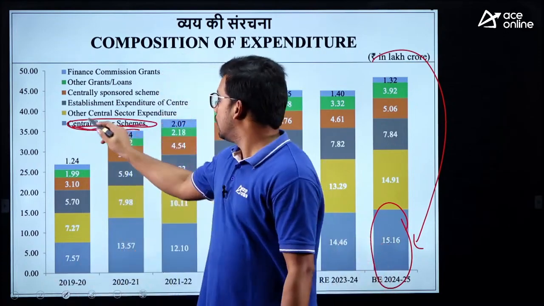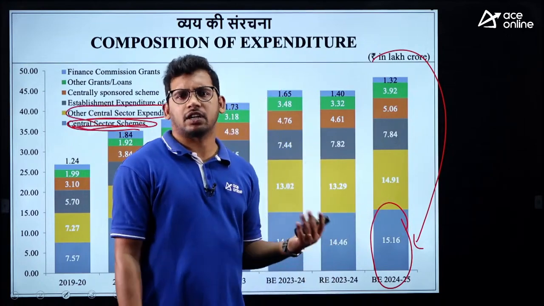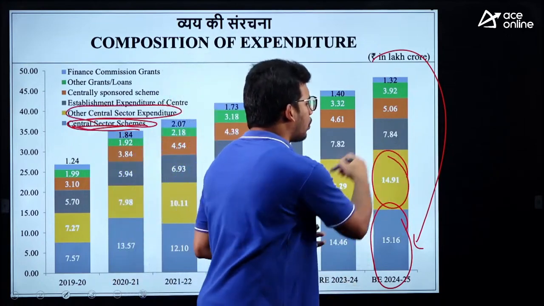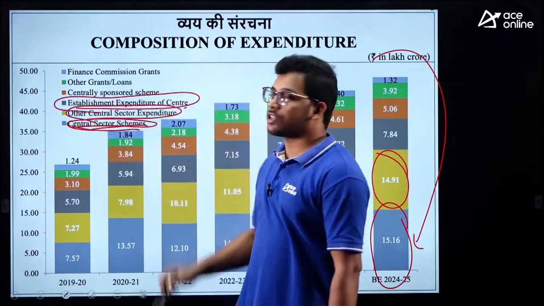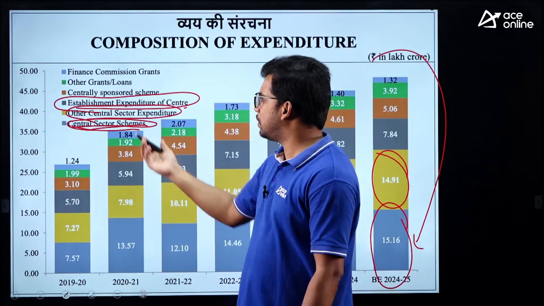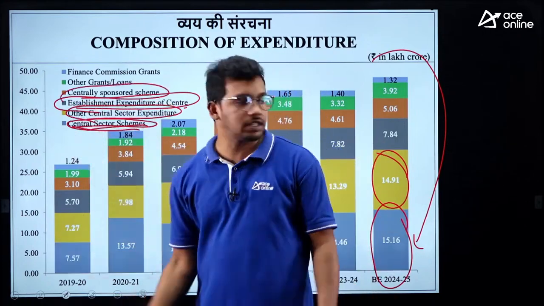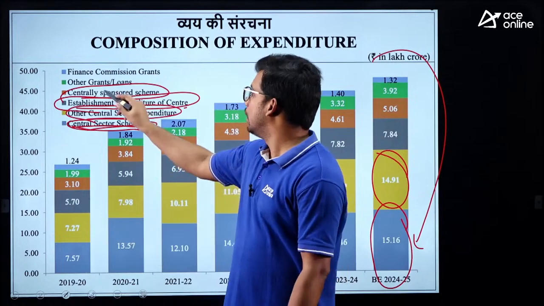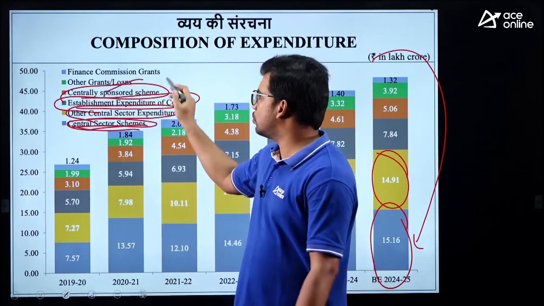So central sector schemes are 15.16 lakh crore. Other central sector expenditure, that means many other central sector items like devolution and all, is 14.91 lakh crore. Then establishment expenditure of the center, anything they have established newly, is 7.84. Then centrally sponsored schemes you can see here 5.89. Other grants and loans are to other countries like Bhutan, as India gives loans to many countries.